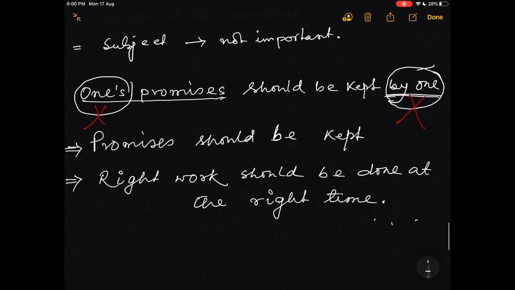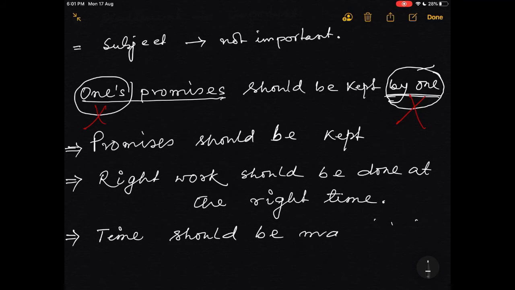See, no subject is there. Again, another sentence of this type you may take. Time should be maintained. See, no subject is there.